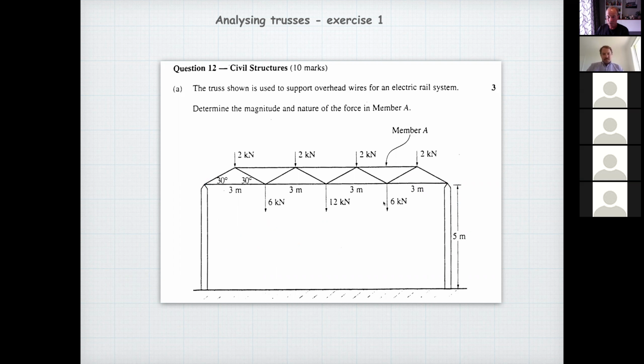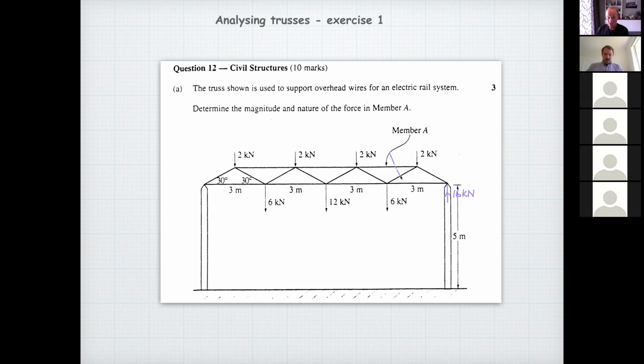I'll just go through this method of sections because lots of people have trouble with the method of sections. I'll just go through a bit of theory about it. So we know that that up there is 16 kilonewtons. And we're going to section this. We're going to take a section through there.